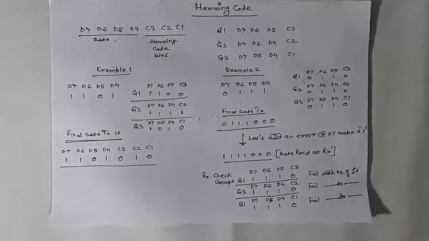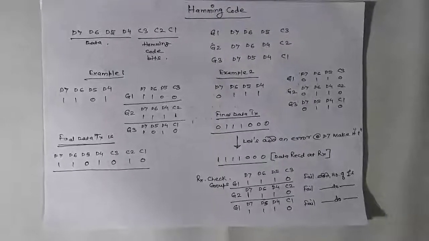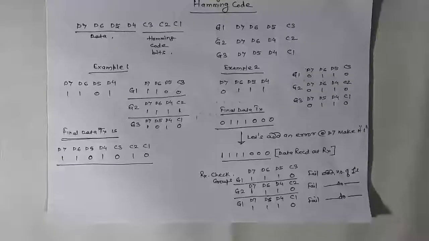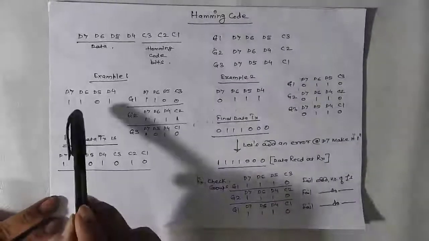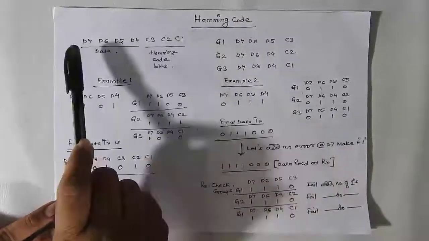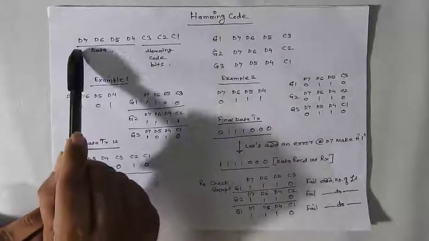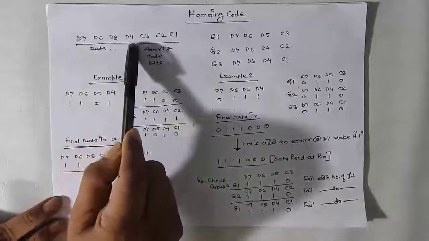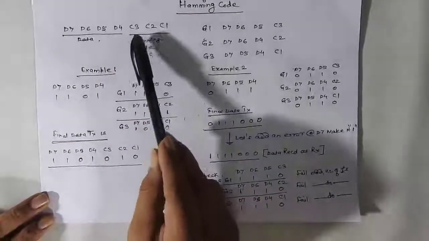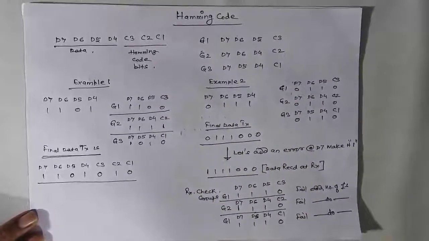Now let's see how the Hamming code works. It is very important to first understand how it works. In Hamming code, there are 7 bits, say from D1 to D7. Out of that, these 4 bits, D7, D6, D5 and D4, are used for data, and C3, C2 and C1 are the bits which are called the Hamming code bits.